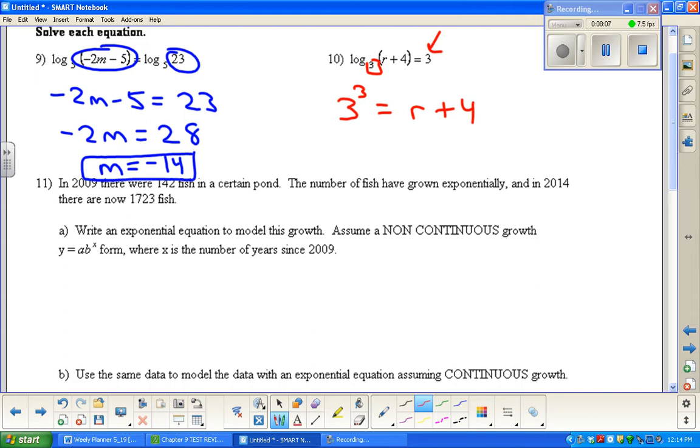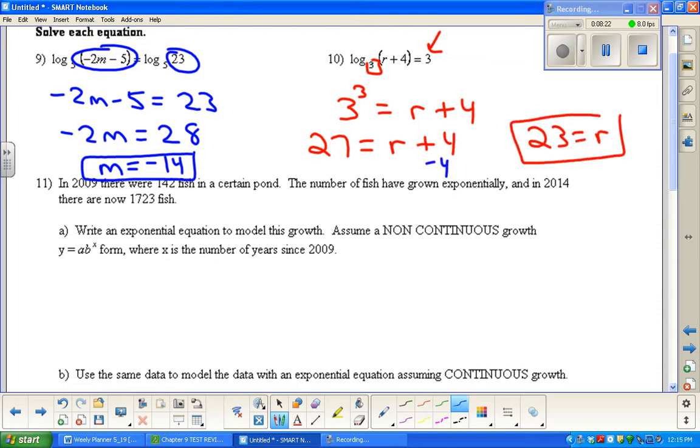There's no logs in there anymore. And we know 3 to the 3rd power, 3 times 3 times 3, so that's 27 equals r plus 4. And then if you just subtract your 4 from both sides, we can get our answer. So again, that last step, just a normal equation. So r would be 23. Okay, so again, whenever you're stuck, change forms. It really does help quite a bit. Okay, and sometimes it's the only way to go.